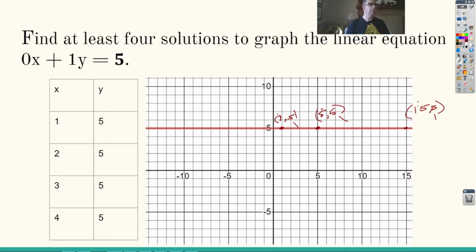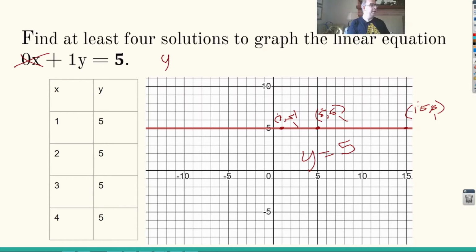So this is called the horizontal line of y equals 5. Because x disappears, 1 times y is y. Okay?